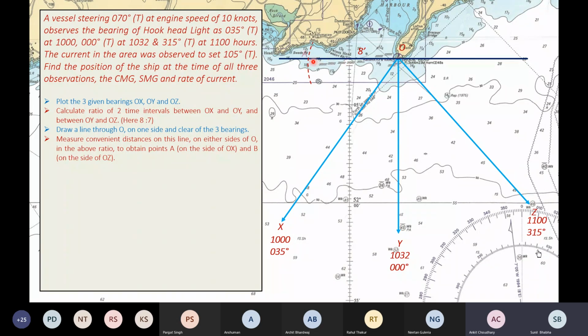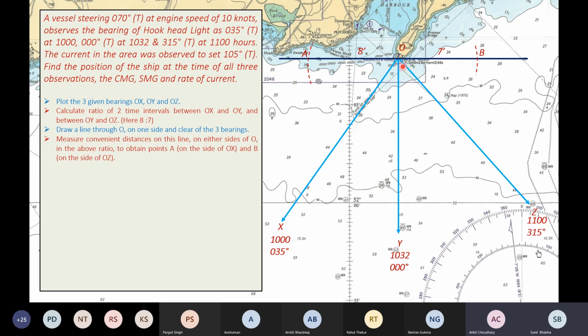Now the point where this arc cuts the line, let's name this as A. Now I open up my compass equal to 7 nautical miles, place that compass on the Hook Head lighthouse and make another arc now on the opposite side, on the side of the third bearing line, and cut this line. You can see the arc is drawn here on the chart, and it cuts the line at point B.